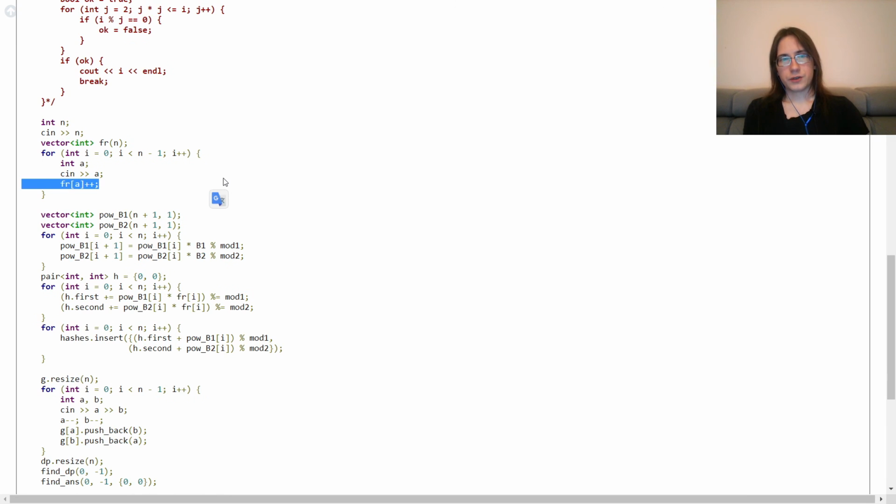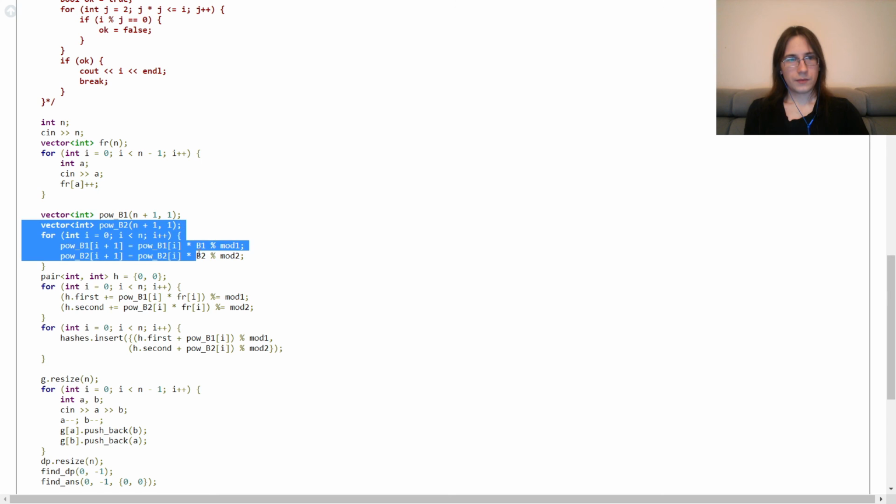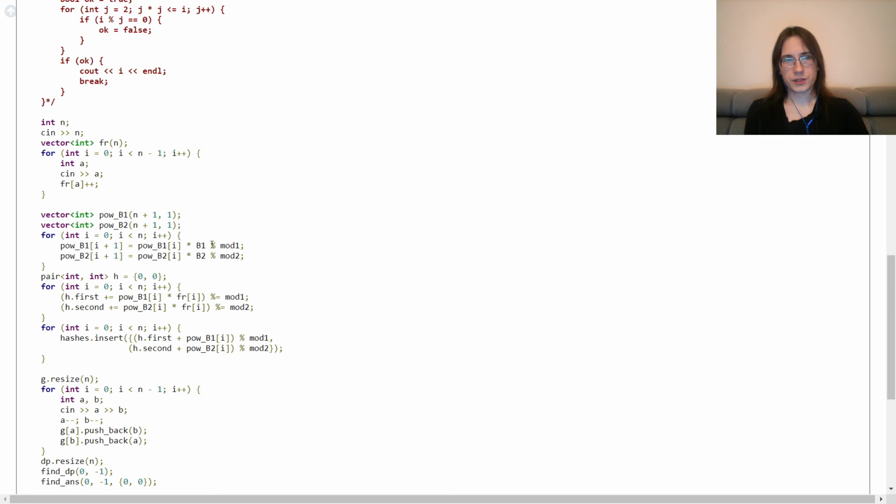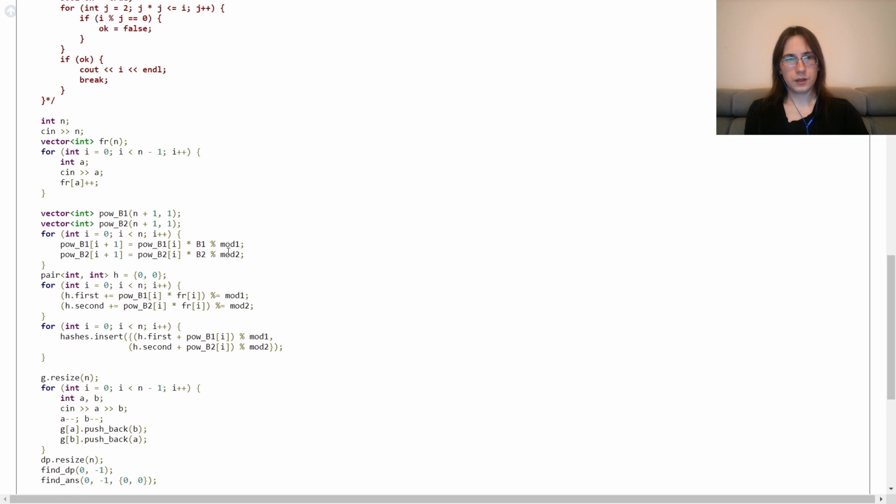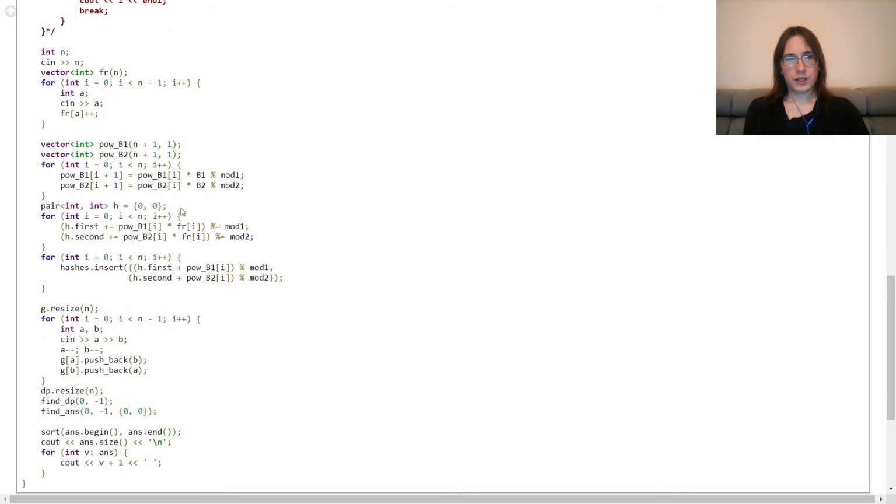Here I just calculate the frequencies in the original set. Here I pre-calculate the powers of B modulo the corresponding mod. And here I calculate the pair of hashes, hash 1 and hash 2, for the set from the input.